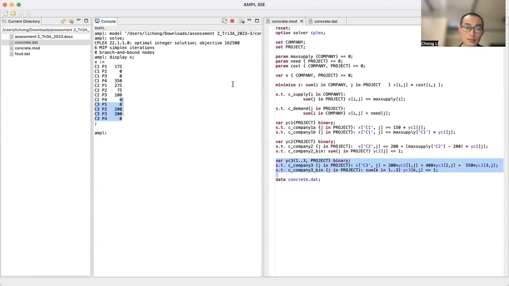We have done that before, and this is all the content of this problem: the description of the model, our solution and result. Thank you.